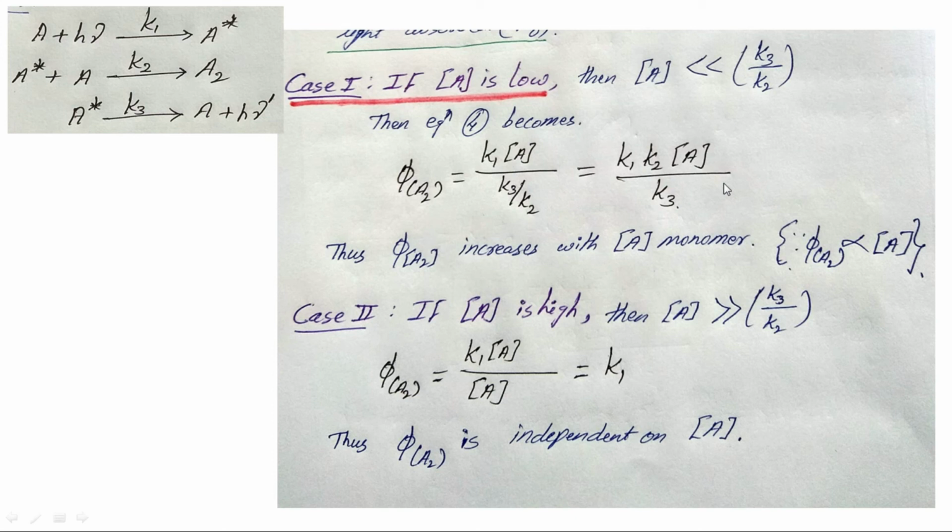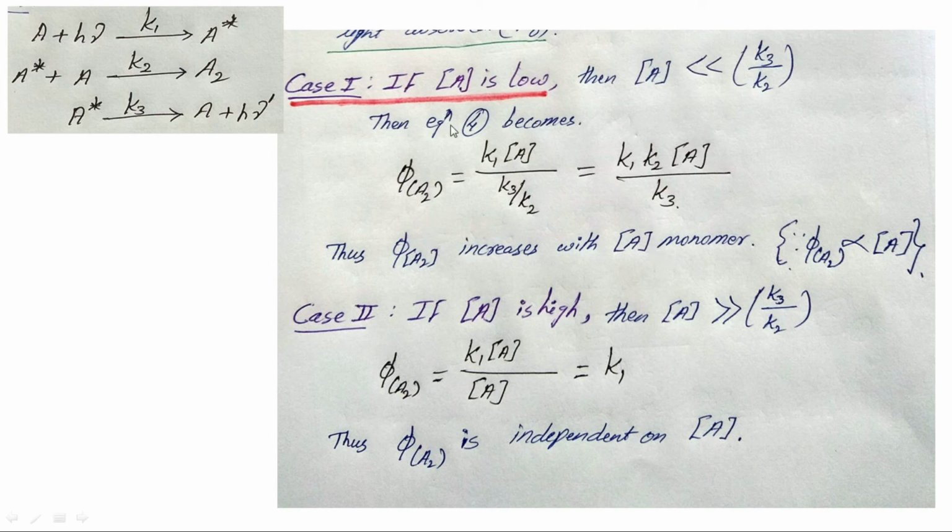Simplify this, we get this particular equation. From this equation, it is clear that the quantum yield for formation of dimer is directly proportional to the molar concentration of anthracene. That is, the quantum yield of dimer formation increases with an increase in the molar concentration of anthracene monomer.